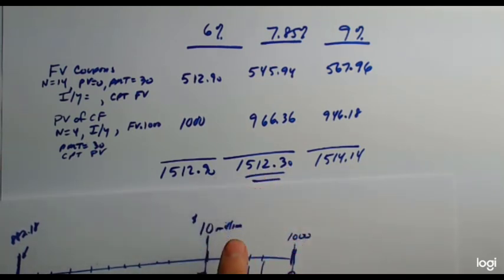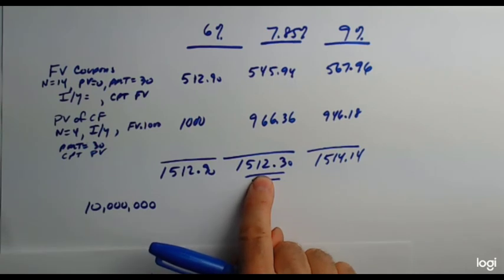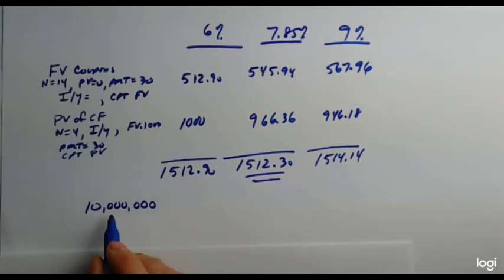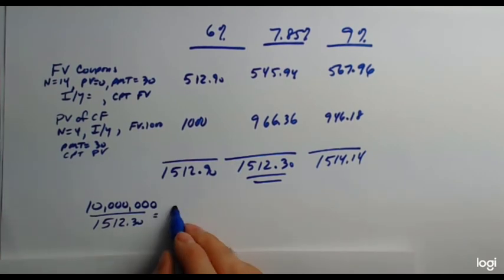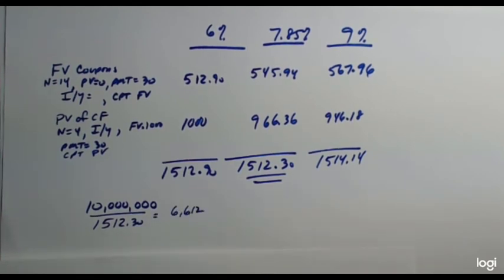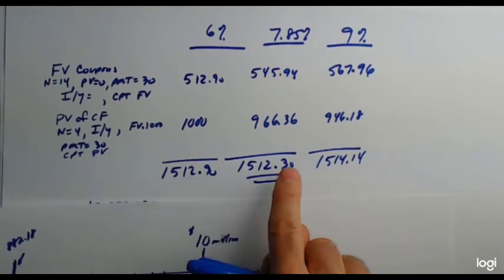So how many bonds valued at this in year 7 does it take, given that you need $10 million? Well, that's not hard to calculate. That comes out to be 6,612 bonds will get us $10 million right here with no interest rate risk, because I'm showing you no interest rate risk.